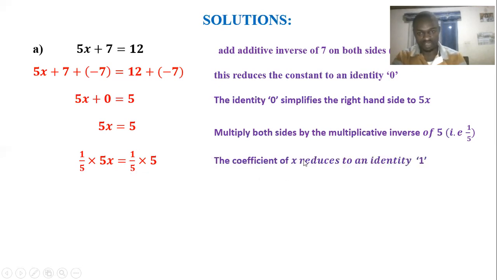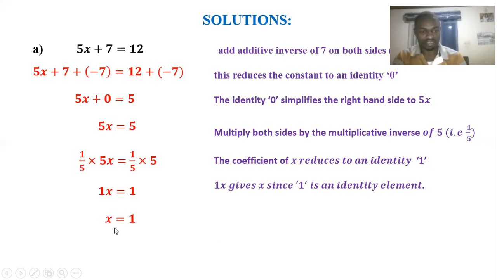The coefficient of x reduces to an identity 1, and the right-hand side too simplifies to 1, giving 1x equal 1. And 1x gives x, since 1 is an identity element, giving us our truth value as x equal 1, which is the solution to A.